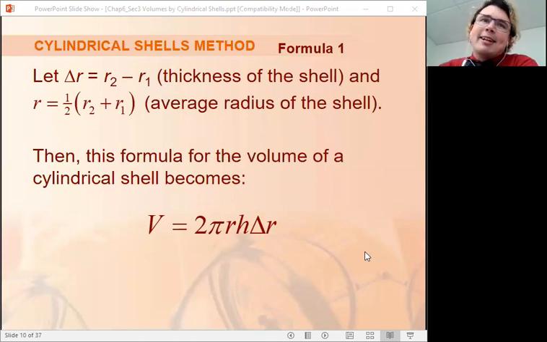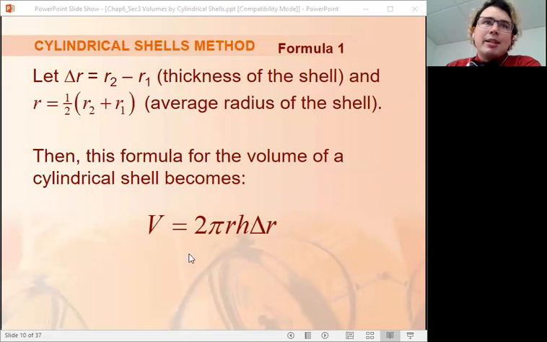This is directly analogous to the widths of my slices from last time getting smaller. Or if you want to go back even further for Riemann sums for area integrals, the widths of my approximating rectangles getting smaller. So my volume formula is going to look like this.